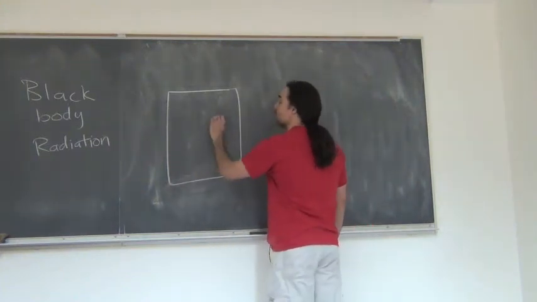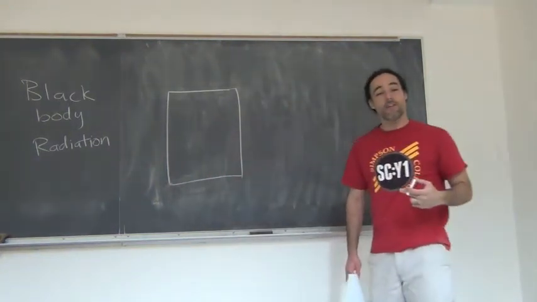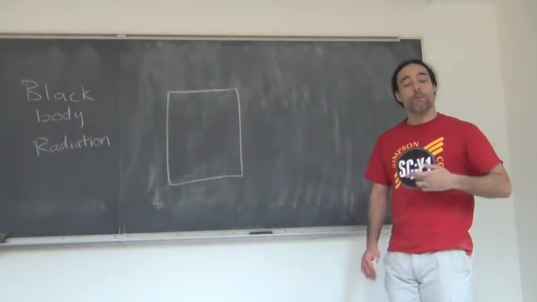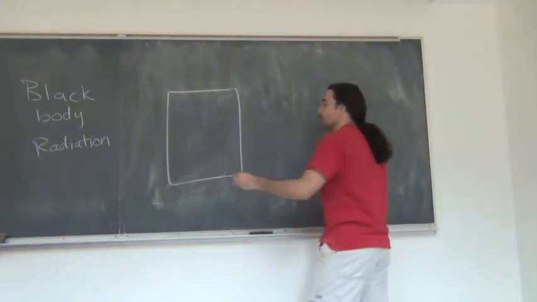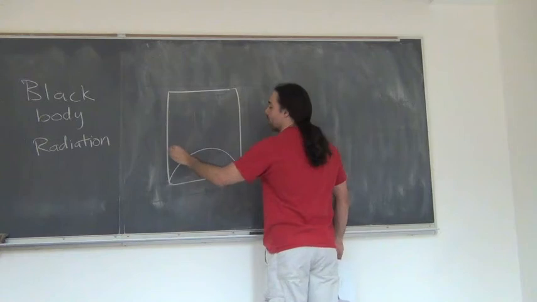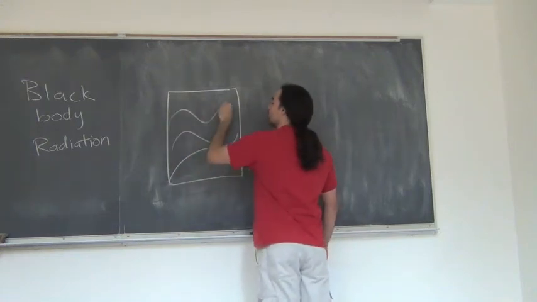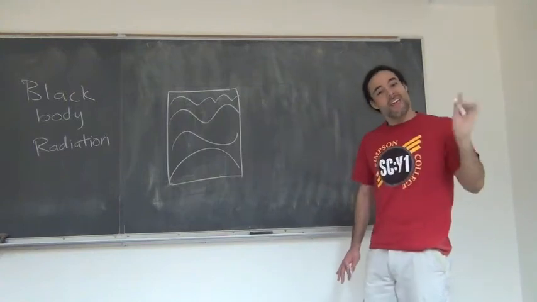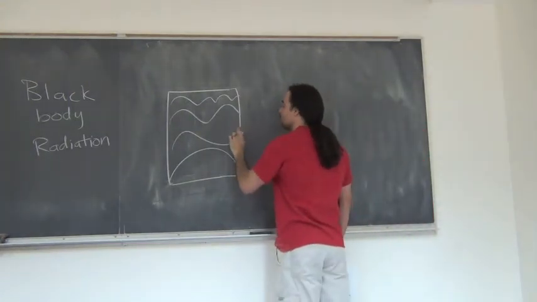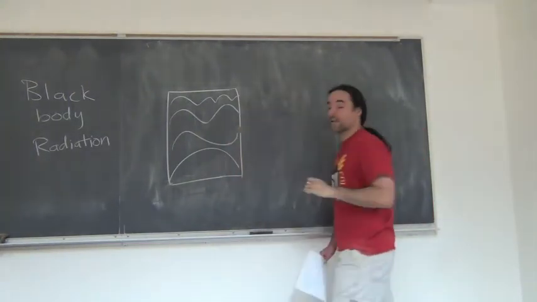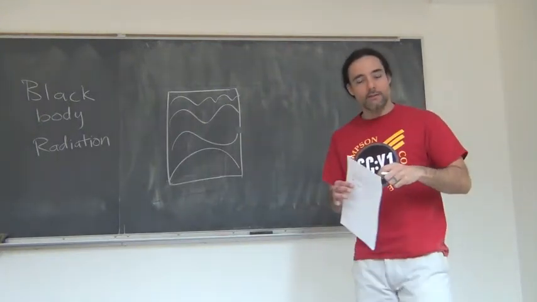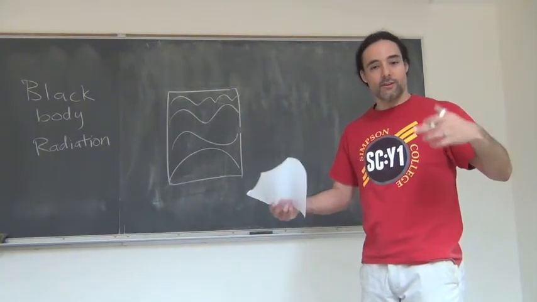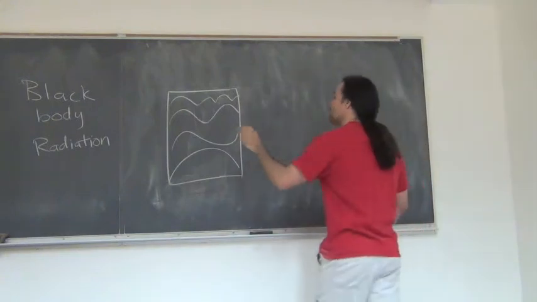So you can imagine that you have this black box, and inside the black box, you start to get light waves of different wavelengths. Depending on the size of the box, you might get some wavelengths like this, some wavelengths like that, etc. This is kind of like a box that's a cavity. Cavity just means hole.